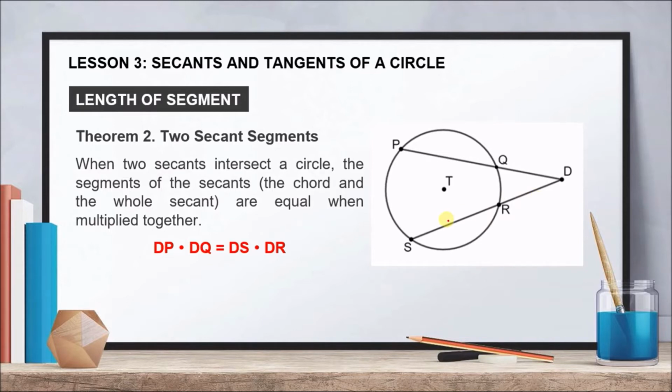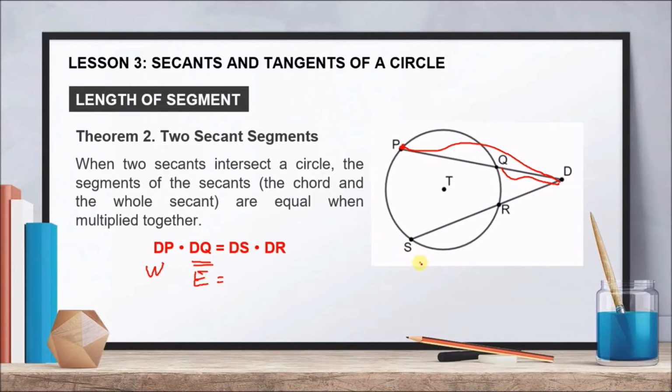So, with that, we have a formula here where DP is the entire secant segment. This is our DP from here up to here, or basically that's the whole part. And DQ is actually the external part. We can give it an acronym so you won't forget.